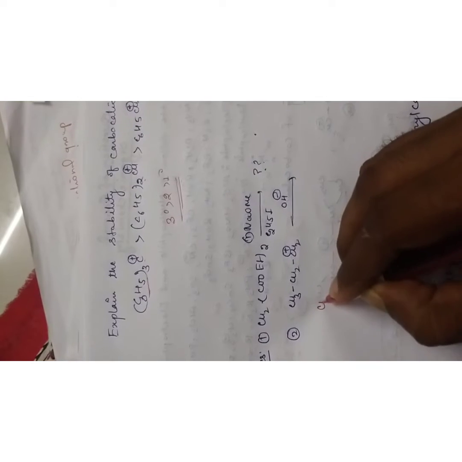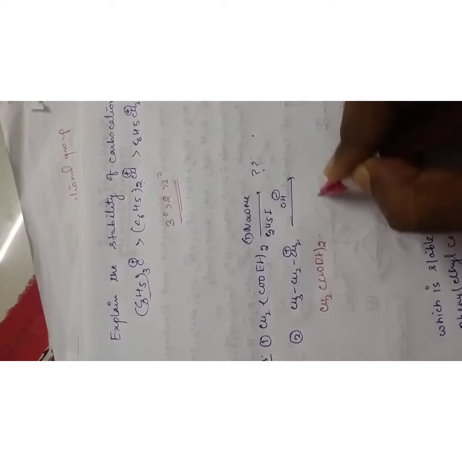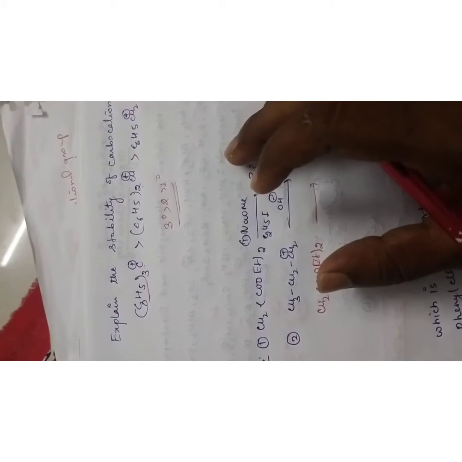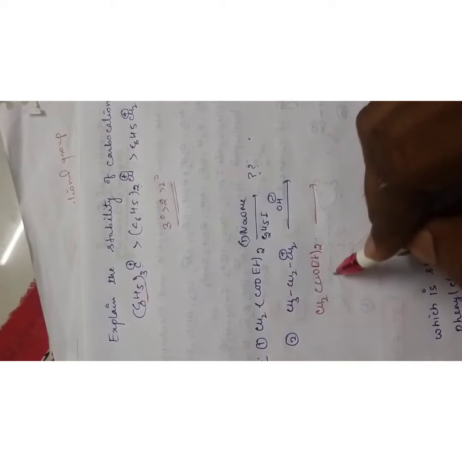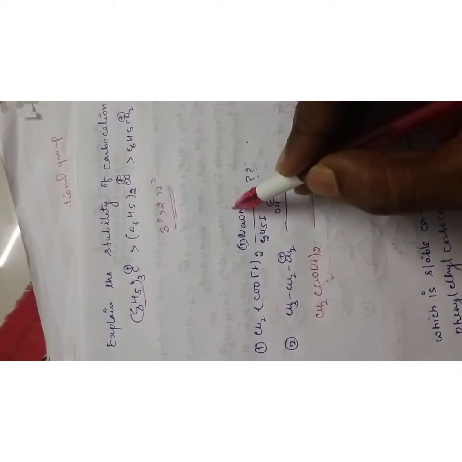The next one is this one. The question says: what is your product? In organic reactions, you focus on the concept. First of all, you concentrate on what your substrate is. So the substrate is this one. What is the reagent?